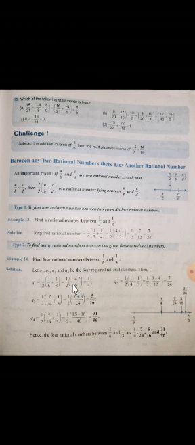So half into half, it will be 1 by 4. Please carefully see here. Here they have jumped some steps. Half into, if we add 1 and 2, it will be 3 by 6, and 3 by 6, if you reduce, it will become a half only. So this half and this half, it will be 1 by 4.